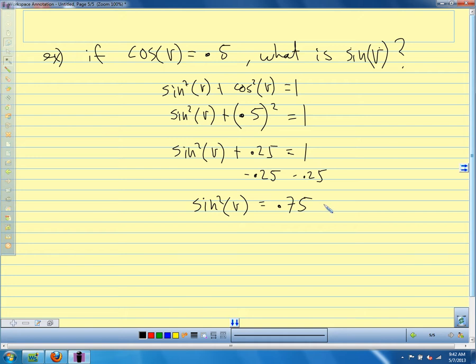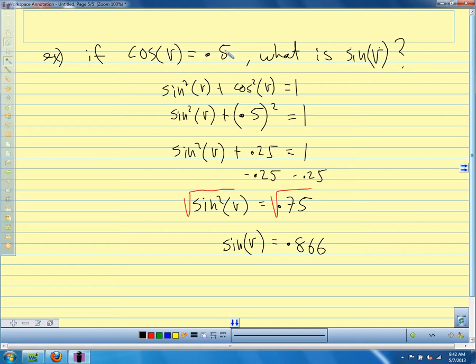So we can check our answer right away. Sine squared is 0.75. Cosine squared is 0.25. 0.75 plus 0.25 is 1. So we know we've done it right. So I don't want sine squared, I want sine. So I take the square root of both sides. And I get that the sine of v equals 0.866.